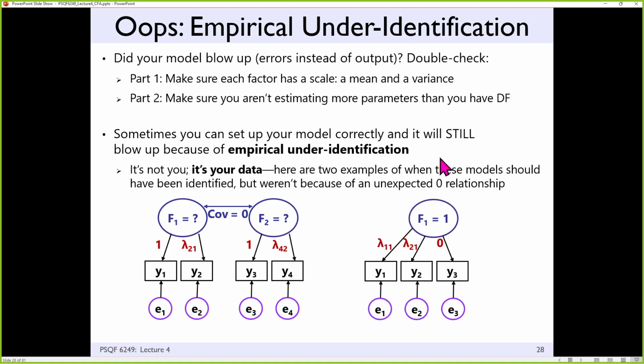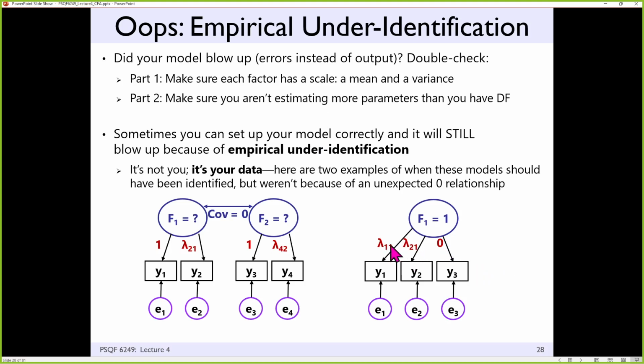Likewise, this is what happened to my student, whose model was unidentified because she chose the wrong marker item. It wasn't related. So you would think that if you had 3 items, you'd be fine, but not if one of them doesn't work. Then you're back to the 2-item situation. And how do I fix this, by the way? Equal discrimination.